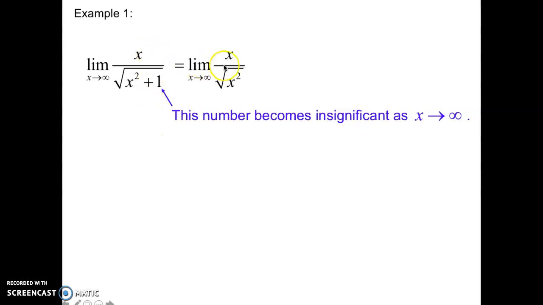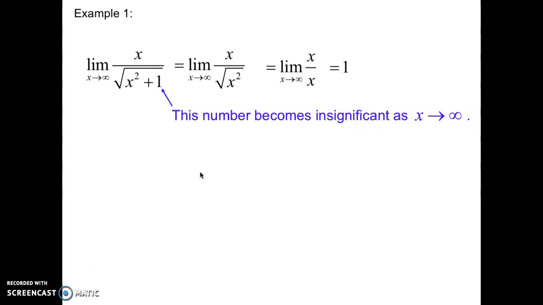Now, if I'm putting in a positive value for x, the numerator will be positive, and the denominator will also be positive because I'm squaring it, but a square and a square root also undo each other. So because I'm putting in a positive number in both the numerator and denominator, I could reduce this to, well, that's really a lot like x over x.